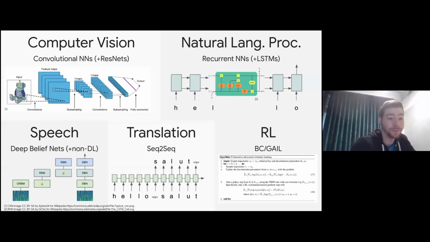And each of these fields, over time, developed neural net architectures that seem like they perfectly fit this field or the data that this field typically uses. So a couple examples here. I'm not going to go through all the details. But for example, in computer vision, we usually look at pictures, sometimes videos, and it makes sense that if I want to, let's say, detect or describe things in pictures, I should recognize them the same way no matter where they are.